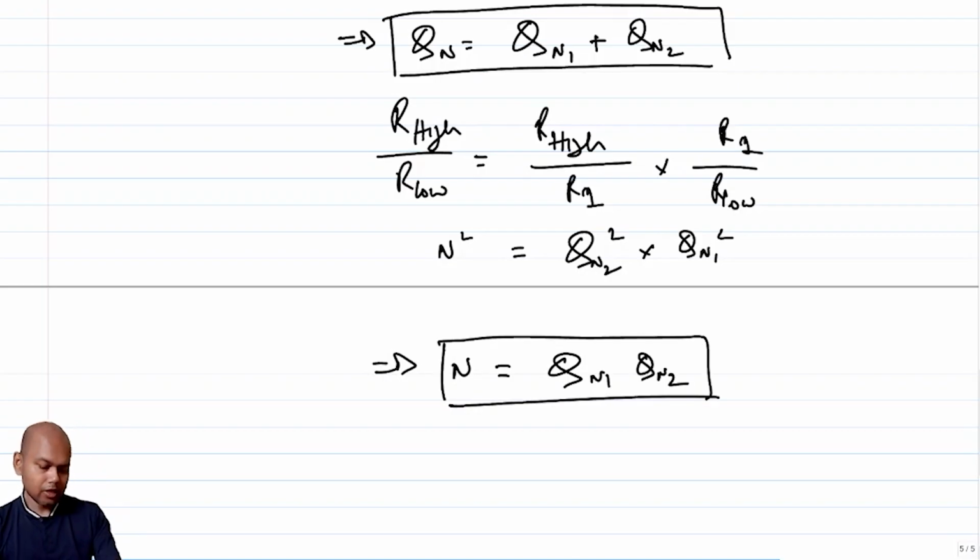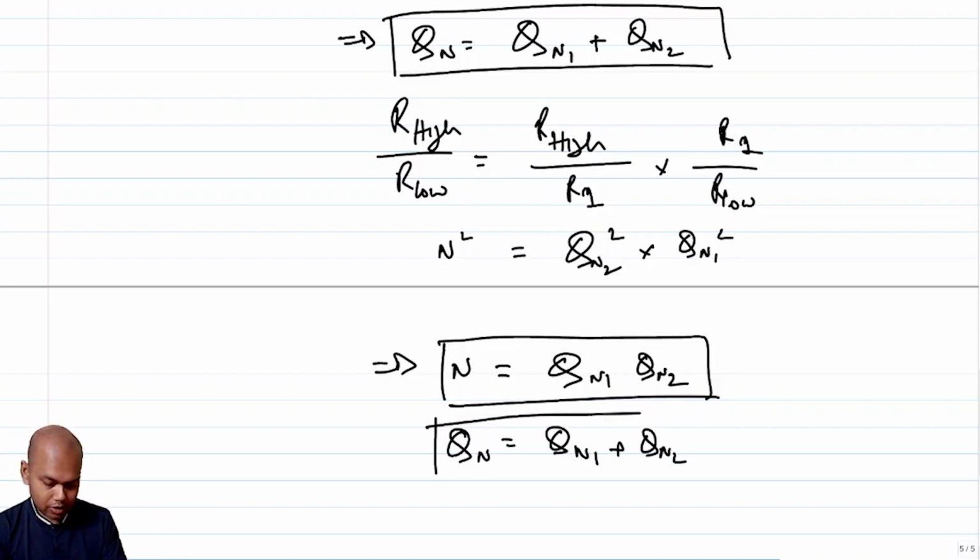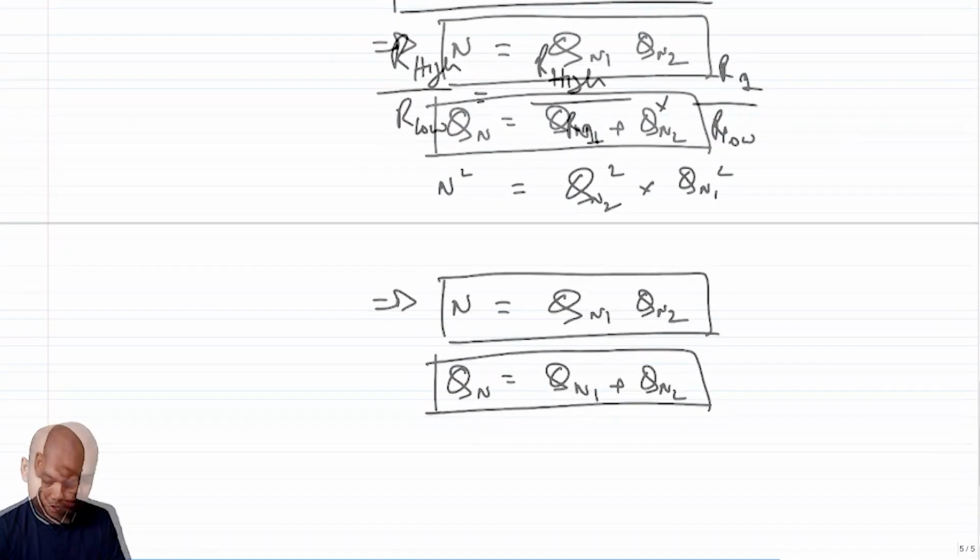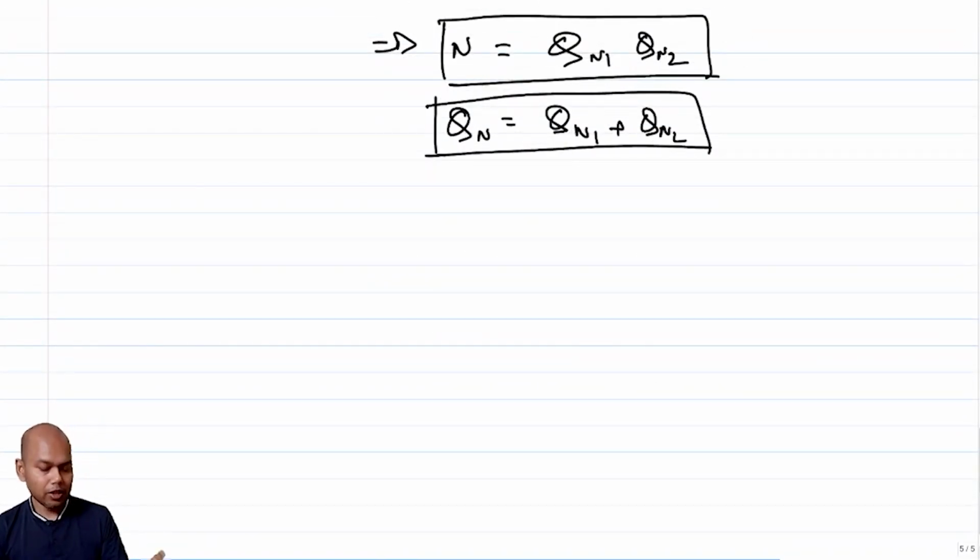Note that the turns ratio, even though it is dependent on Qn1 and Qn2, but your effective Qn of the network is Qn1 plus Qn2, right? Which essentially means that by careful choice of Qns, you can have a different optimum with respect to the losses.